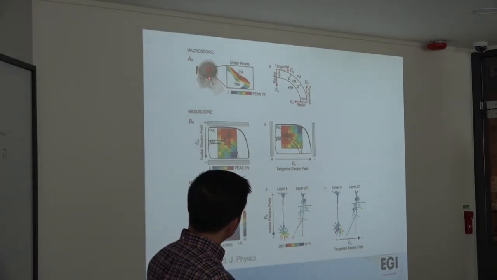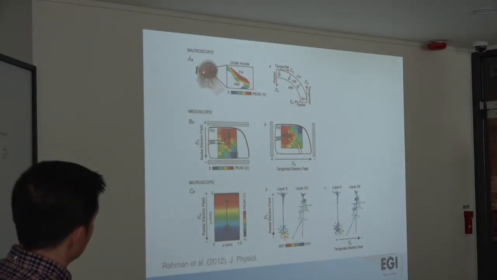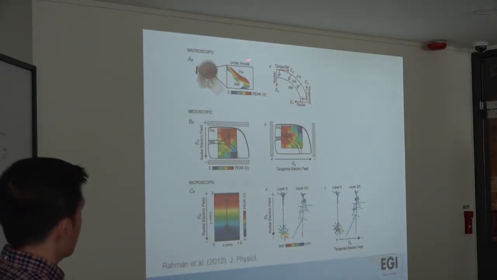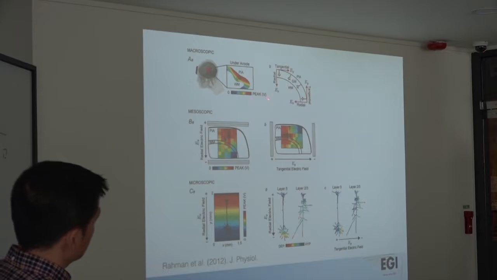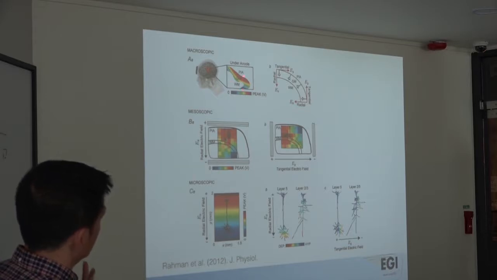So this is the high level, the macroscopic level: if you place an electrode here and you pass current through and you measure the voltage distribution at the cortical surface, it will have some distribution.